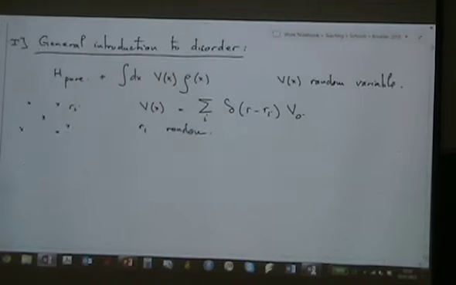So the Ri are random, and I have here a disorder which is characterized by two numbers. One is V0, the strength of disorder.